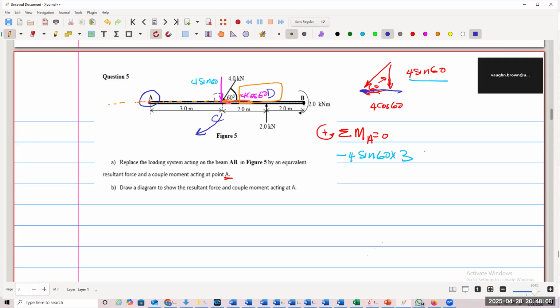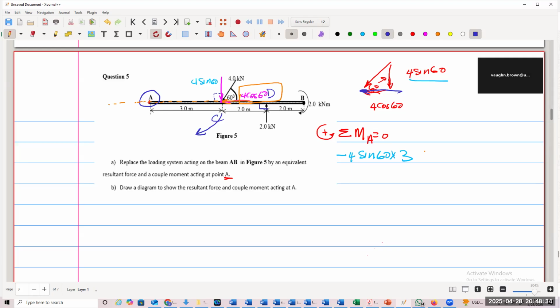All right, what about the 200 now? The 200 only has one component in the Y. So we're moving to that force now. We've gone from the 4 kilonewton and we've gone now to the 2 kilonewton force. So the 2 kilonewton force from A, what is that distance from A? Here is a perpendicular distance of 5. What is the perpendicular distance? We see it there.